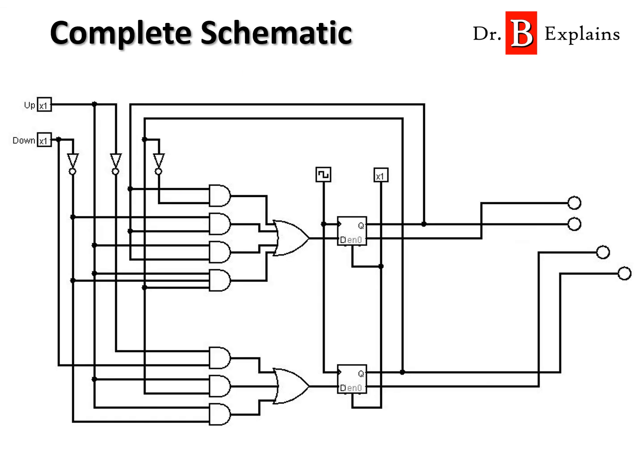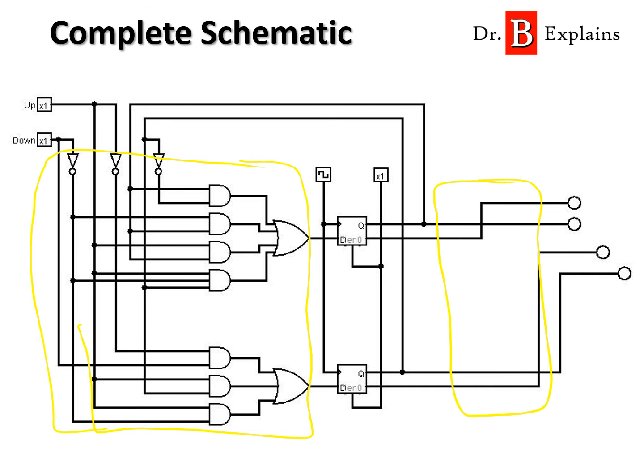Or like this. So the left-hand side is all going to be the input circuit block, and all of these will just be connected directly, like I was saying, connect this directly to this guy, and so on.